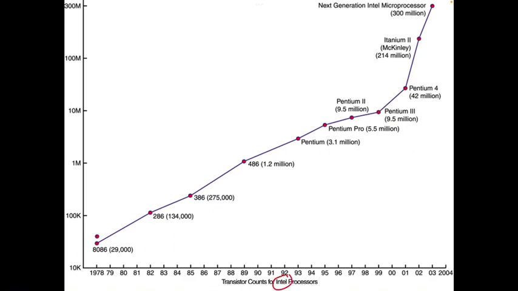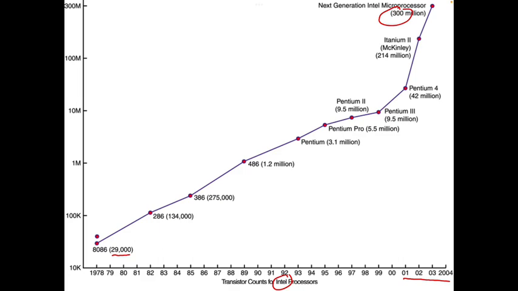If you look from the basic 8086 processor, 1978, I also did not exist at that time, to approximately 2000-something, the number of transistors starts from 29,000 and in 2000-something reaches 300 million.